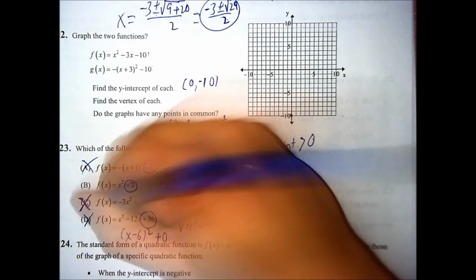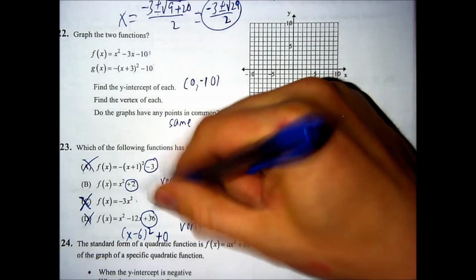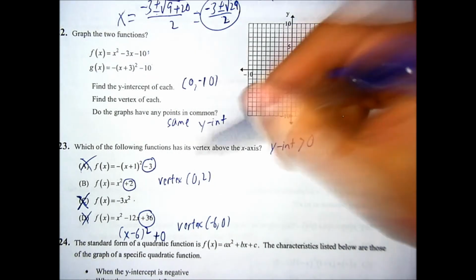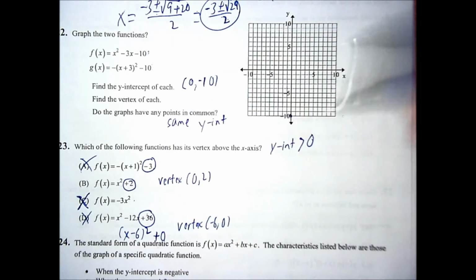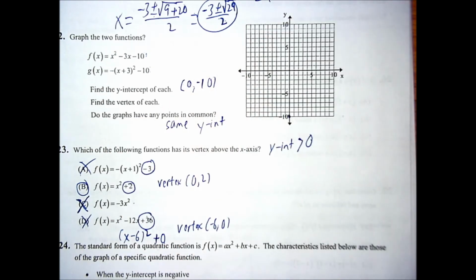All right, so again, what I want you to consider here is the y-intercept as well as the vertex. Now, the vertex is the actual question, so we are actually asking just for the vertex, but the y-intercept greater than 0 can give you a good hint on which ones to start with in terms of finding the value.